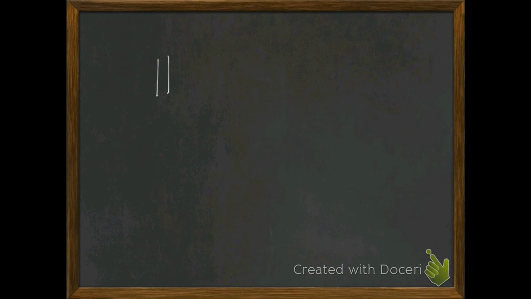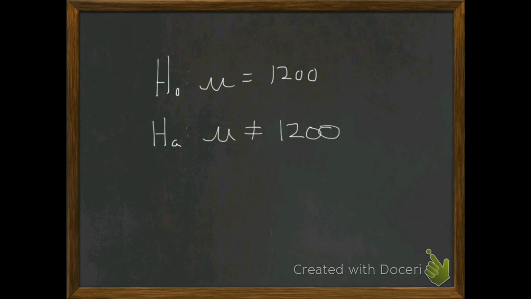They just have a situation where they suspect the 1,200 and would simply like to test it. In situations like that, we do what's called a two-tail test, a not equal two-tail test.